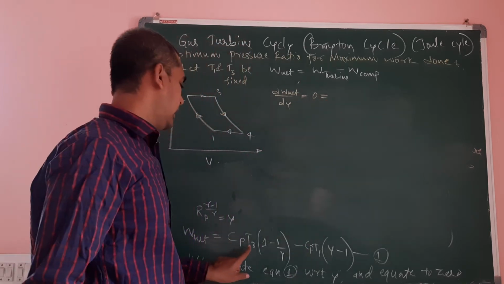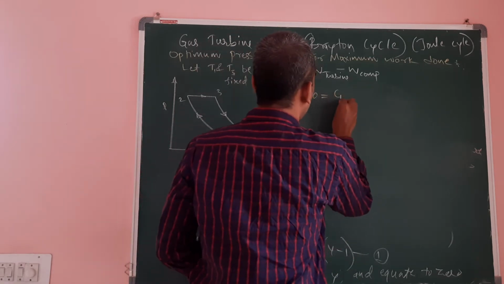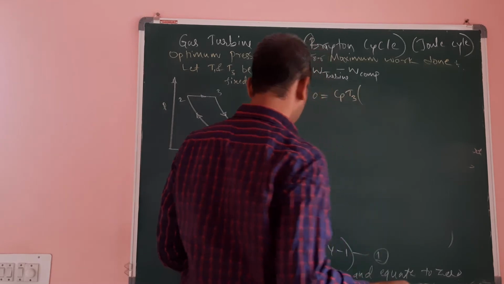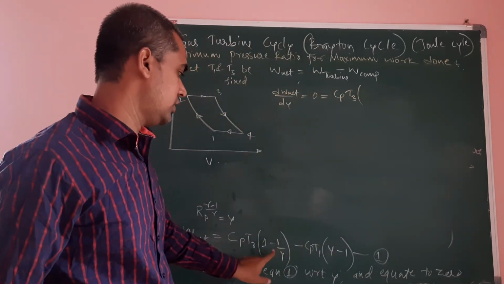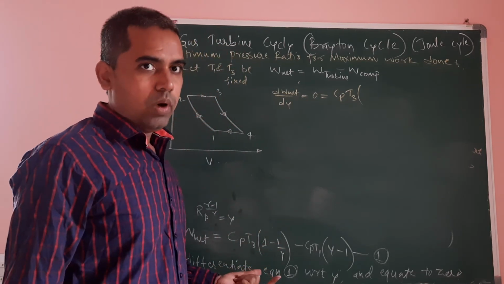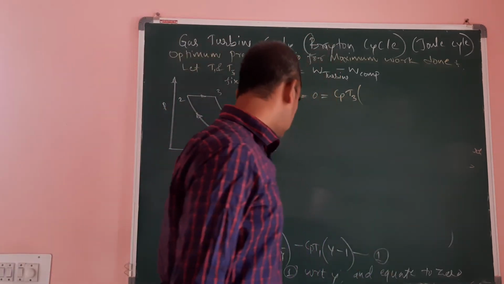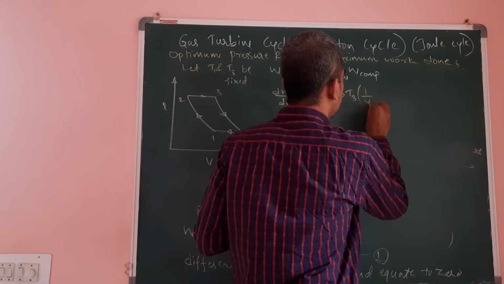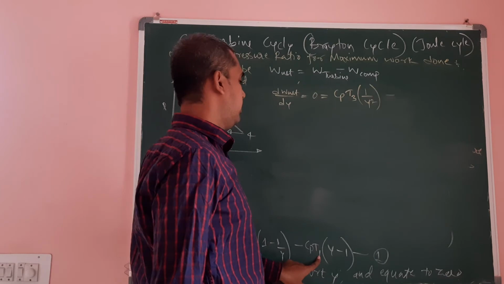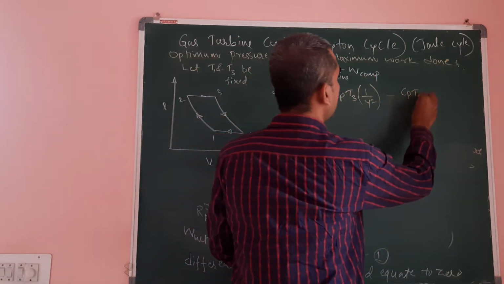Cp and T3 are constant. We have taken T1 and T3 as fixed. Therefore, T3 into differentiation of 1, which is a constant, is 0. Differentiation of 1 by Y is minus 1 by Y square. Minus into minus will become plus. Therefore, it will be 1 divided by Y square, minus of Cp and T1 times the differentiation of Y, which is 1.